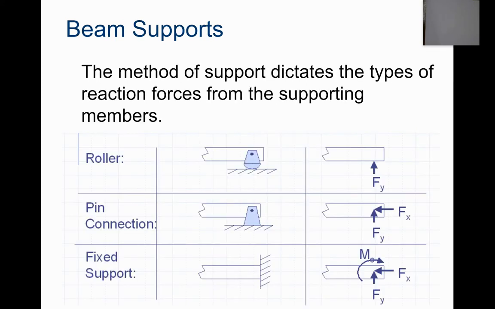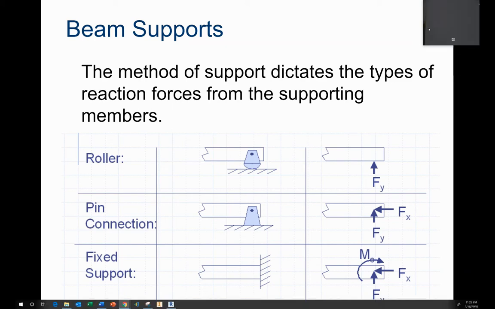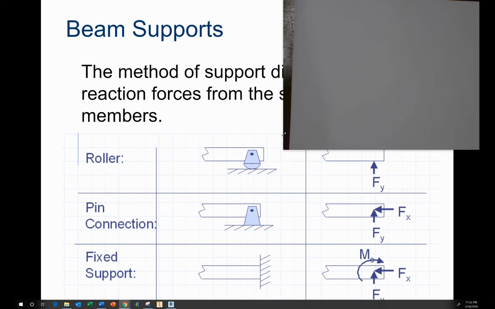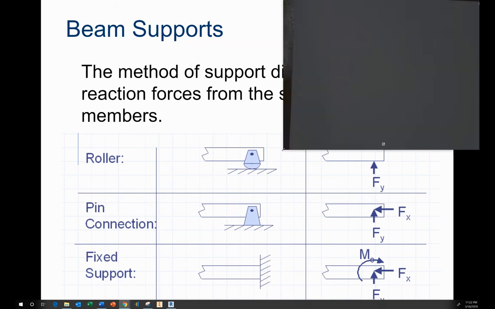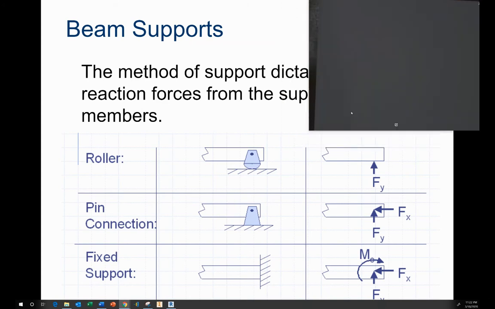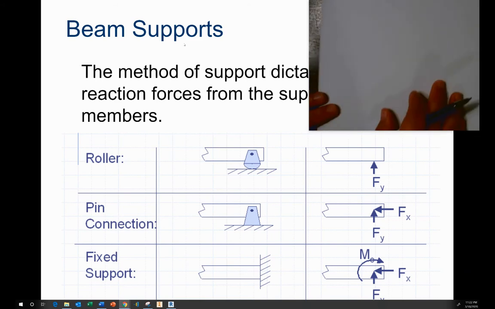Something you should also be aware of is the following. Depending on the type of support you have, so now I'm going to draw a little bigger here, whether you have something like a roller or pin support, you're going to get different types of reaction forces. So what do I mean by that?